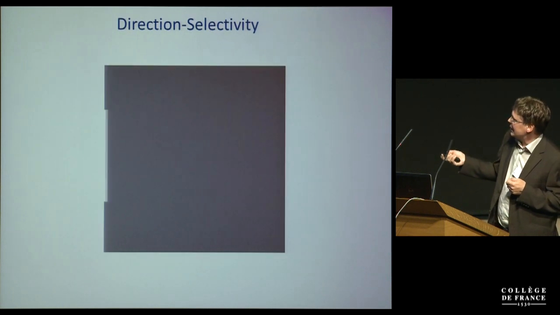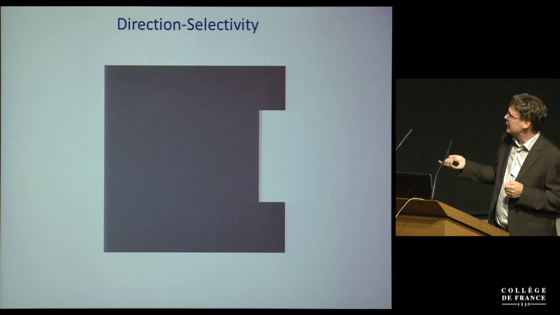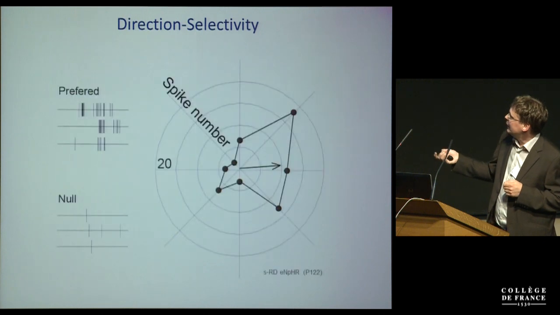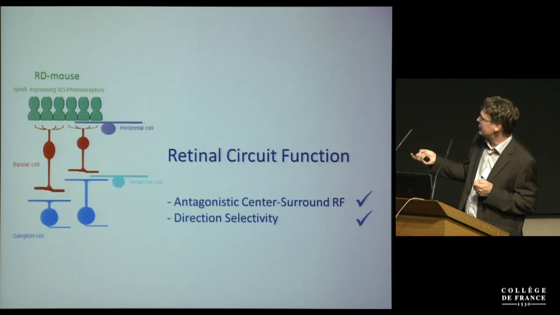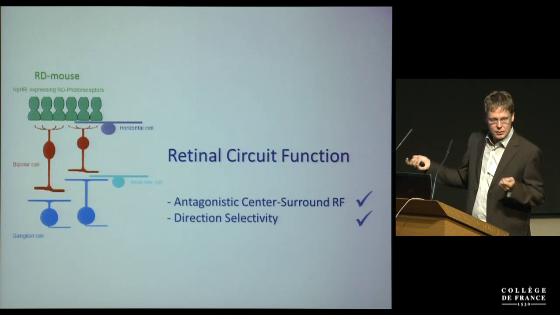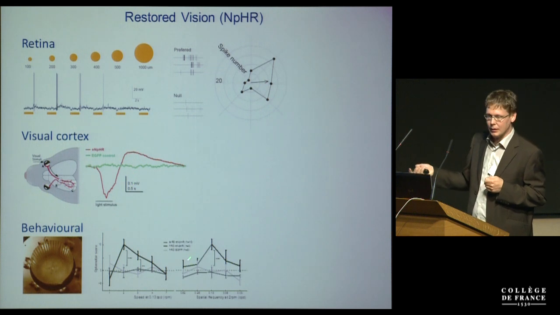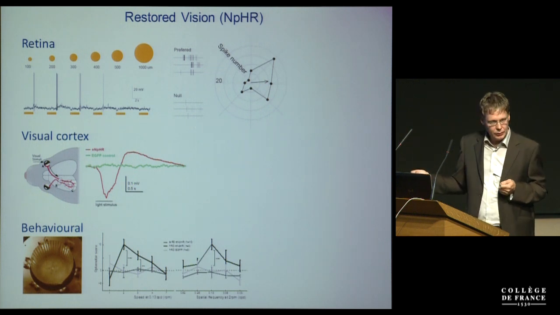And we also tested for direction selectivity. This is the other example I mentioned. And here this is the example that we could also restore these responses. So this inner retinal circuit function was restored. We observed it in the visual cortex and also at the behavioral level.